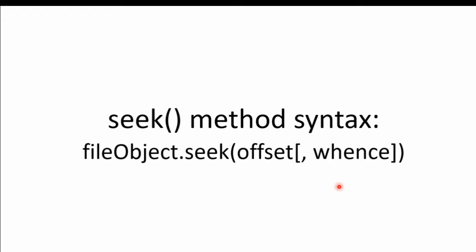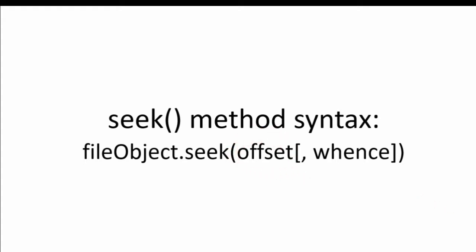Or it can take also the value of 2, which means seek relative to the file's end. These two values, 1 and 2, cannot be used in text files in Python if we use a non-zero value of the offset.